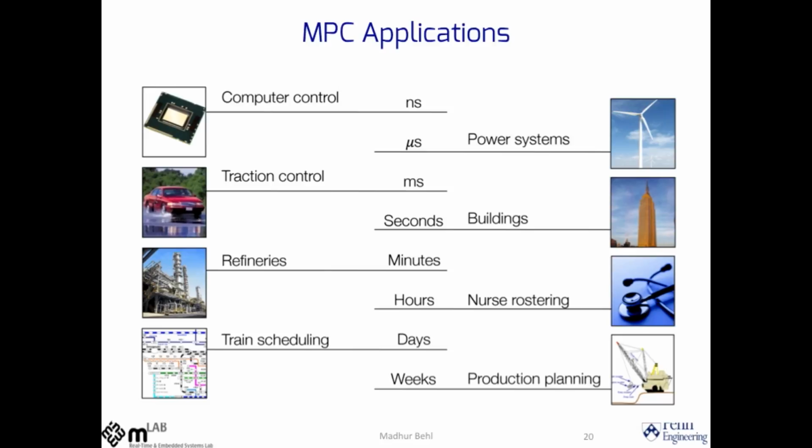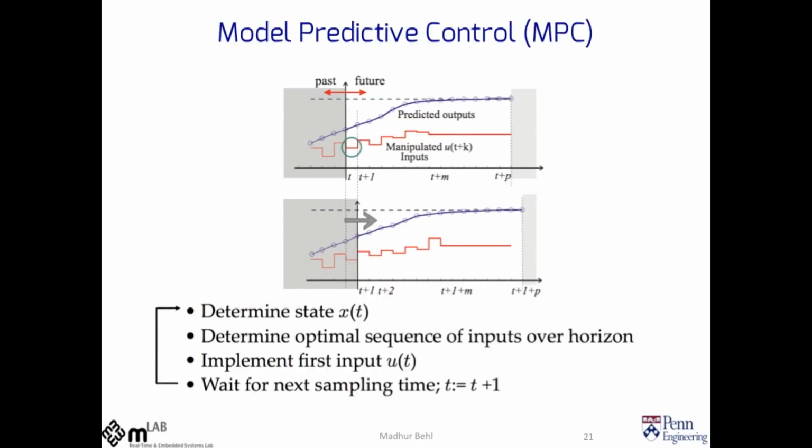And the idea behind MPC is that once you have a predictive model of a plant, you would use that prediction to figure out the optimal sequence of inputs into the plant, which could be a building in this case or something else. And then you would only use the first computed input signal and inject it into the plant and repeat this process at every time step.